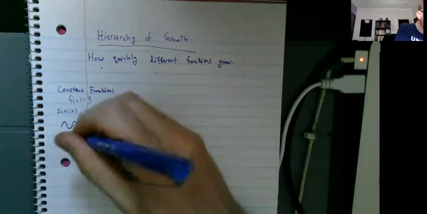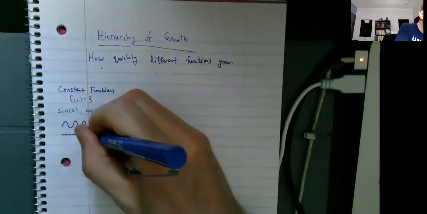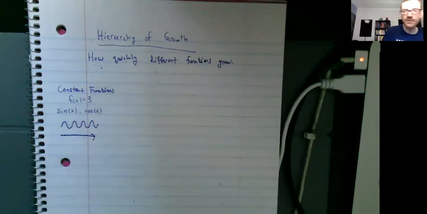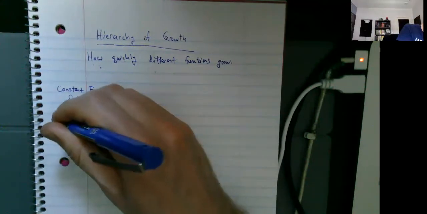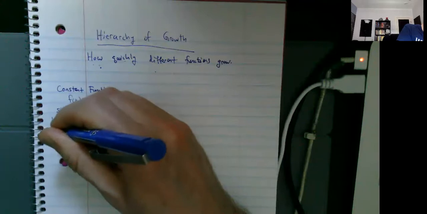And so as x is getting larger and larger, in other words, as you go further and further to the right in the graph, the function's value is not getting larger and larger, right? As a matter of fact, these functions always stay between +1 and -1, like they never really exceed those values.